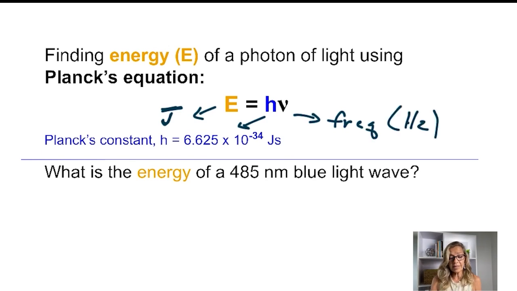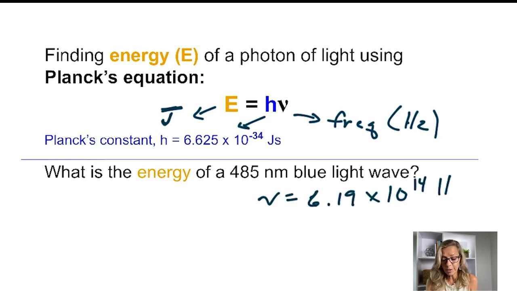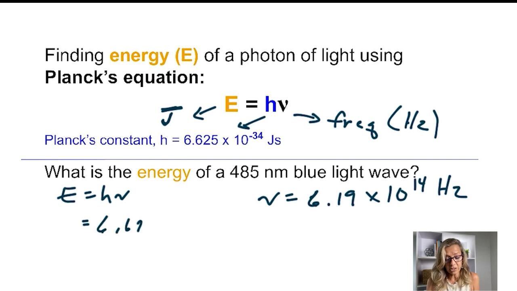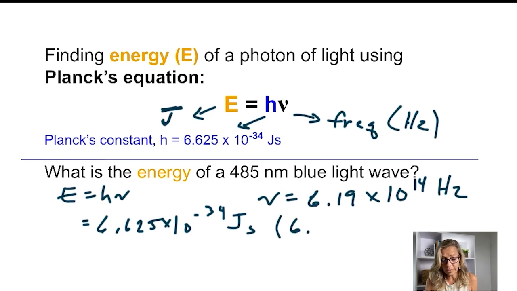So let's calculate the energy of our little blue light wave. Our frequency was 6.19 × 10¹⁴ hertz, so I'll go ahead and use that. We're going to write our equation, and then we'll plug in our values. h is 6.625 × 10⁻³⁴ joule seconds. And then the frequency, 6.19 × 10¹⁴.